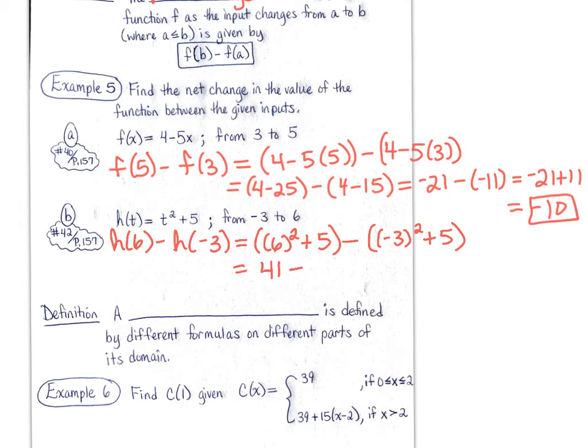And then minus, what's negative 3 quantity squared? 9, and 9 plus 5 is 14, so minus 14. 41 minus 14 is 27. Good. What questions do you have?